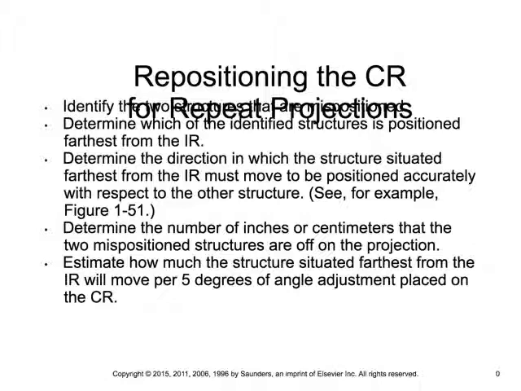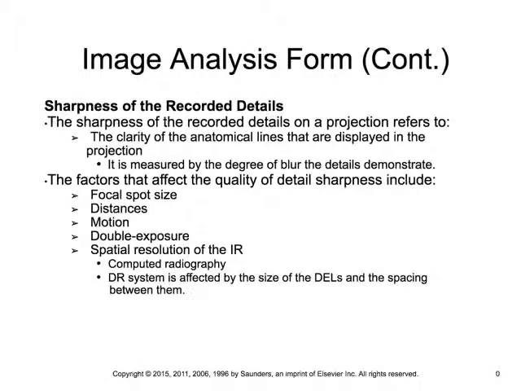So if we determine that regardless of how I move the central ray, because of the patient's size, the knee is kind of kicked up at an angle, I can start to visualize how I might actually need to move that central ray cephalically, like the angle of it, and to what degree. Does that make sense? Okay.